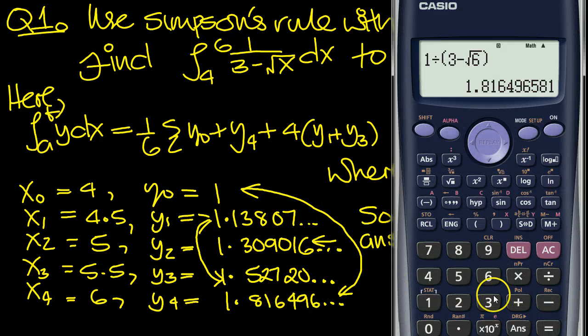So it's 1 plus 0.816496. Because it's in the calculator, I'll leave it in there.